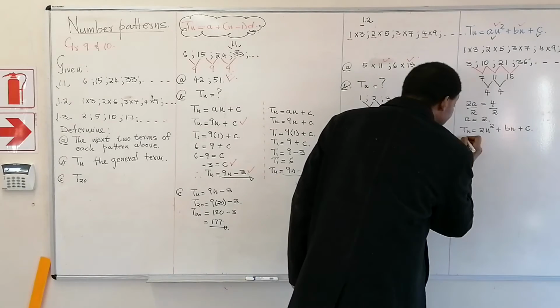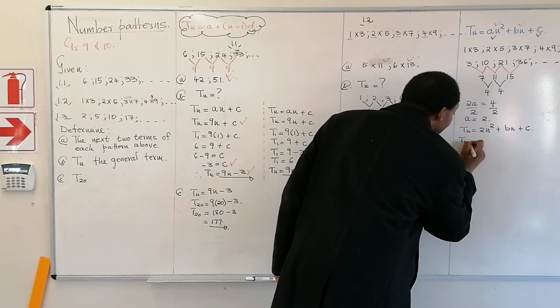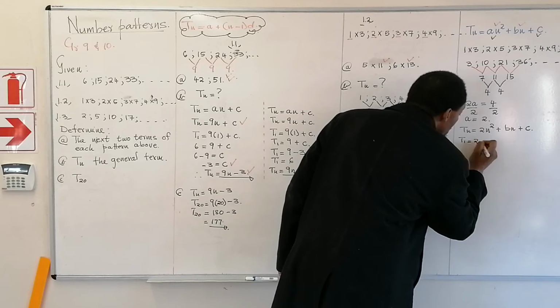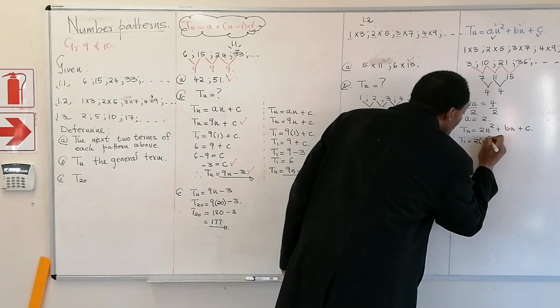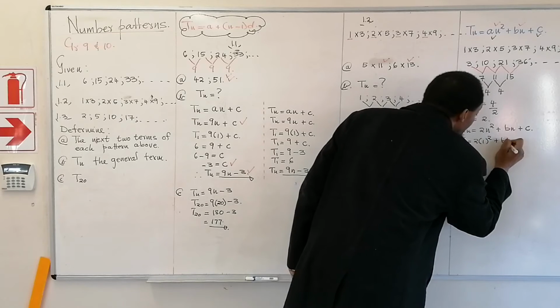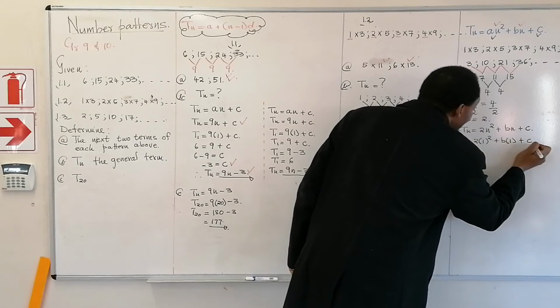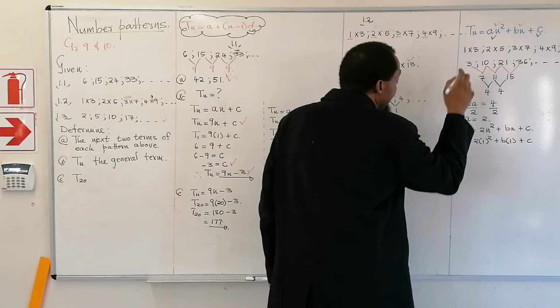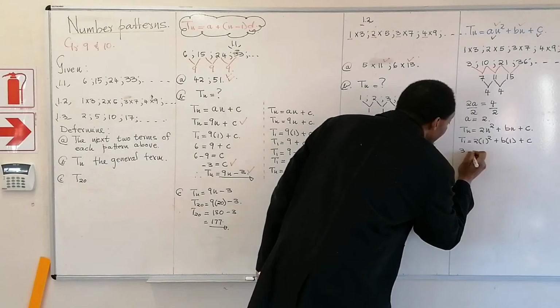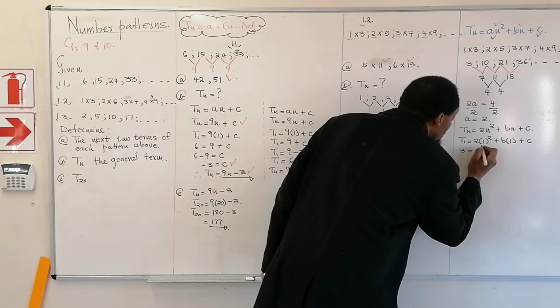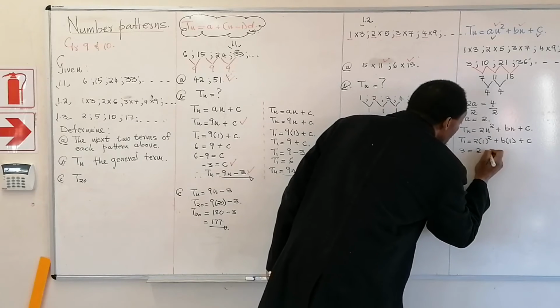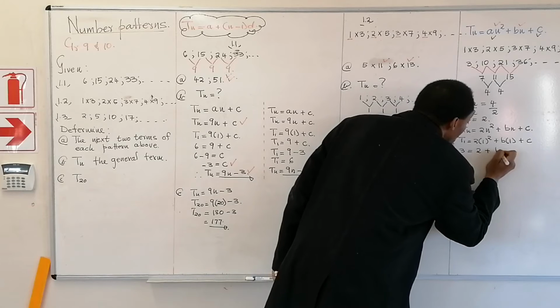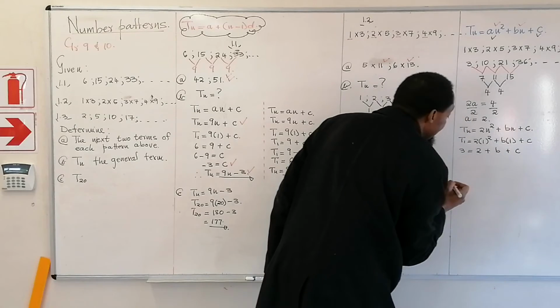I'm going to start by saying T1 is equal to 2, remember n is 1, plus b multiplied by 1 plus c. Then my T1 is 3. 1 squared is 1, 1 times 2 is 2. b times 1 is b plus c.